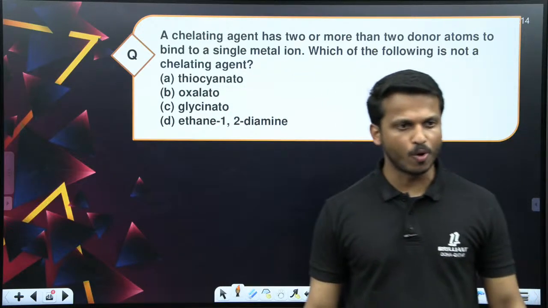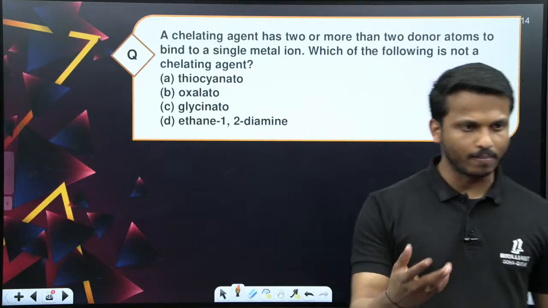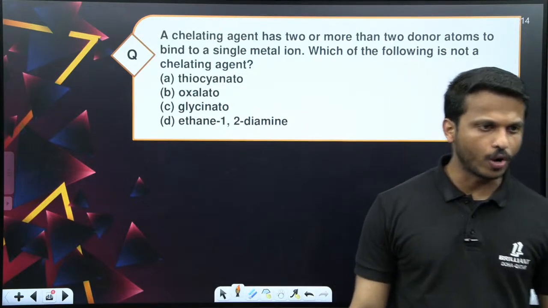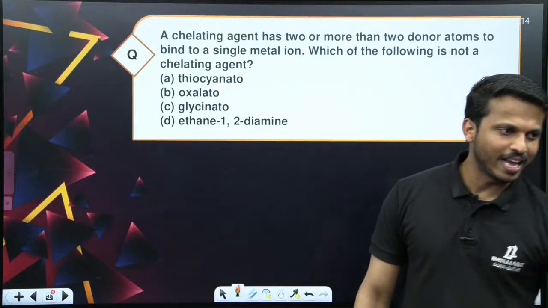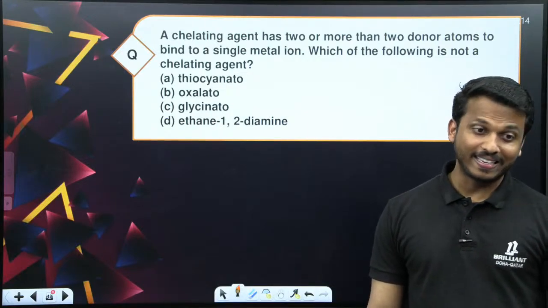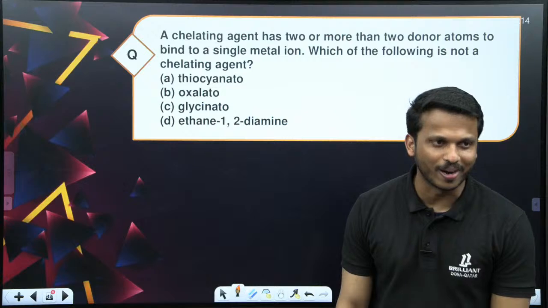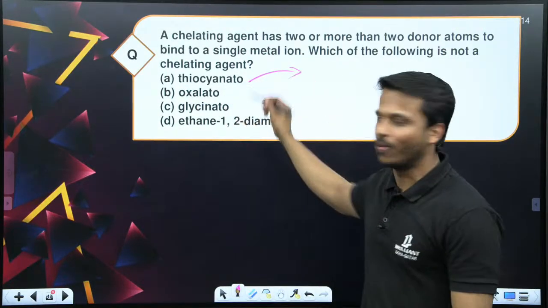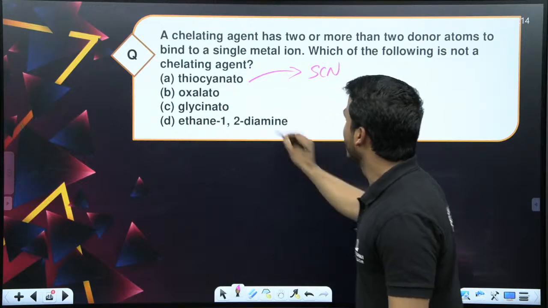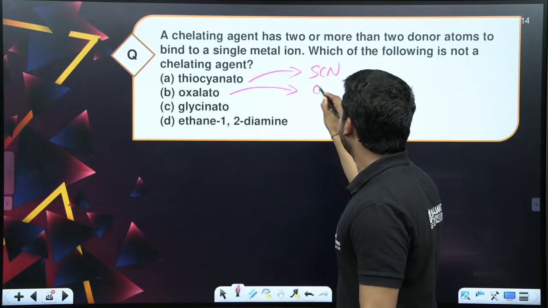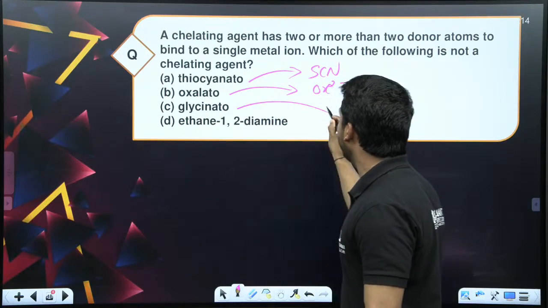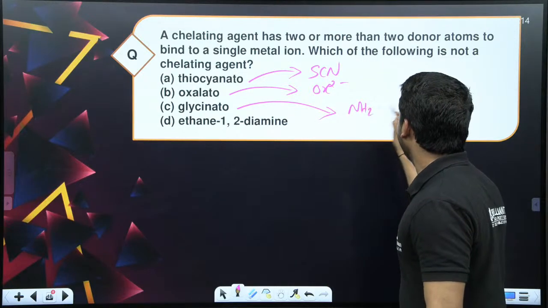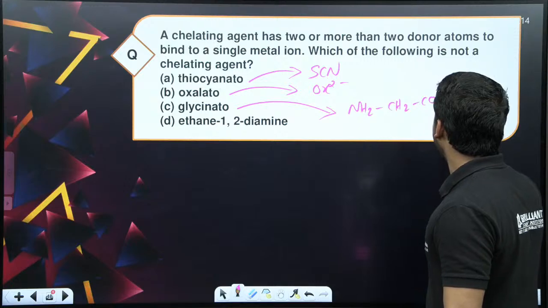A chelating agent has 2 or more donor atoms to bind with a metal atom. Which of the following is not a chelating ligand? I think you have a confusion, that's why I stopped with this question. Dear all, thiocyanato, what is thiocyanato? SCN. What is oxalato? Oxalato is OX2 minus. And glycinato, you studied glycine as an amino acid, right? Glycinato, NH2, CH2, COO minus.